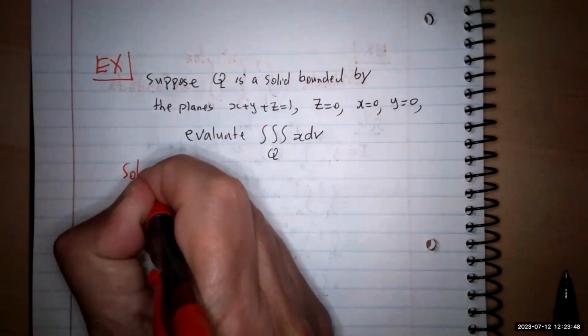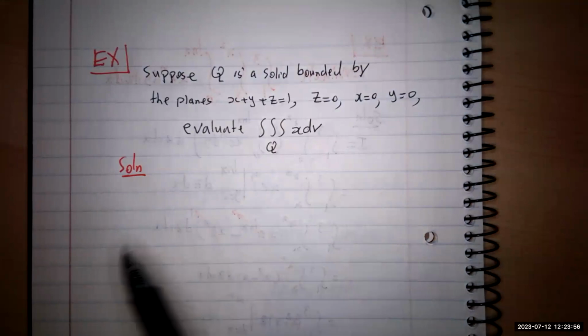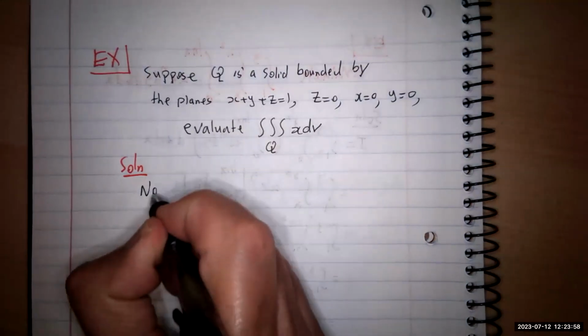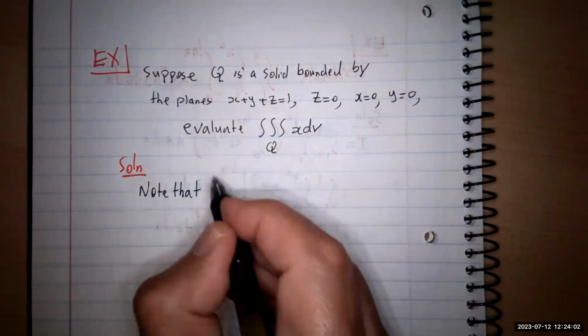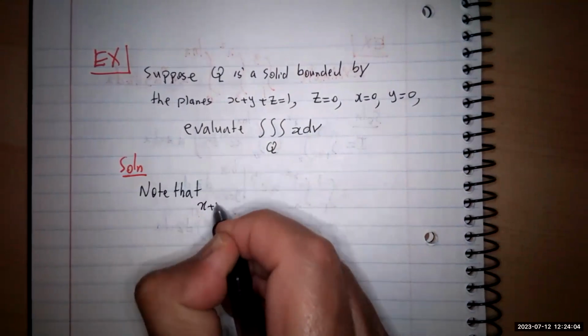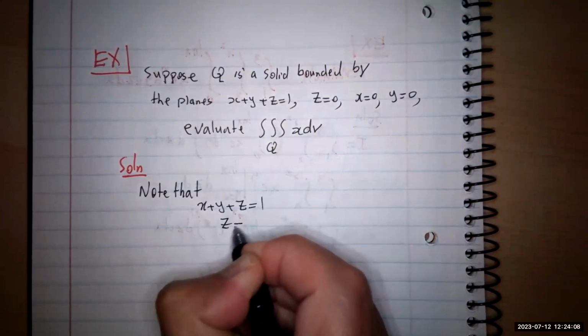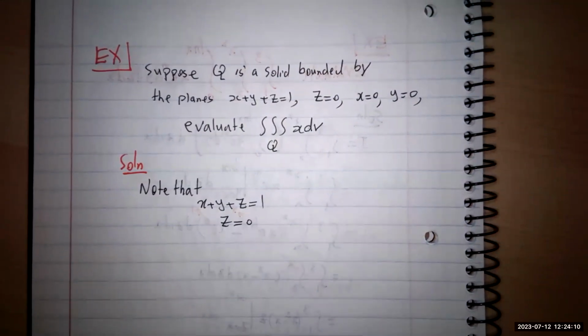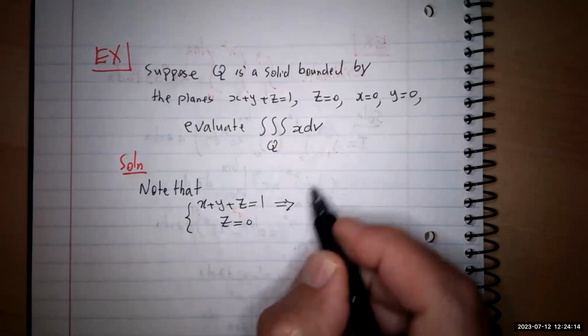So the solution is going to be, first look for the z's. I can see the z in two places here. So I note that I have two places for the z. I have x plus y plus z equal to 1, and I have z equal to 0. Okay, if I put them together, I find the z from here.